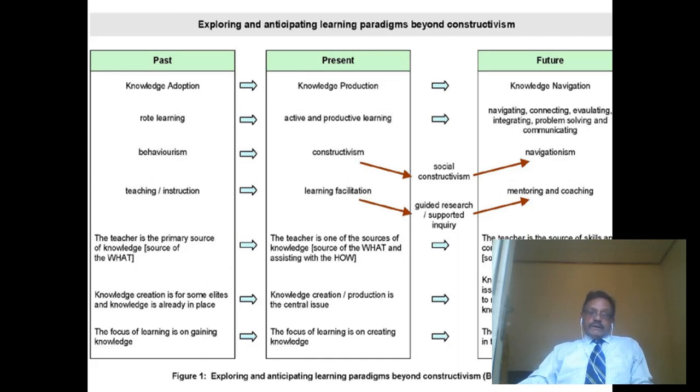That's why modern students should be active and should be productive. Unless they are active and productive, they cannot get higher grades.